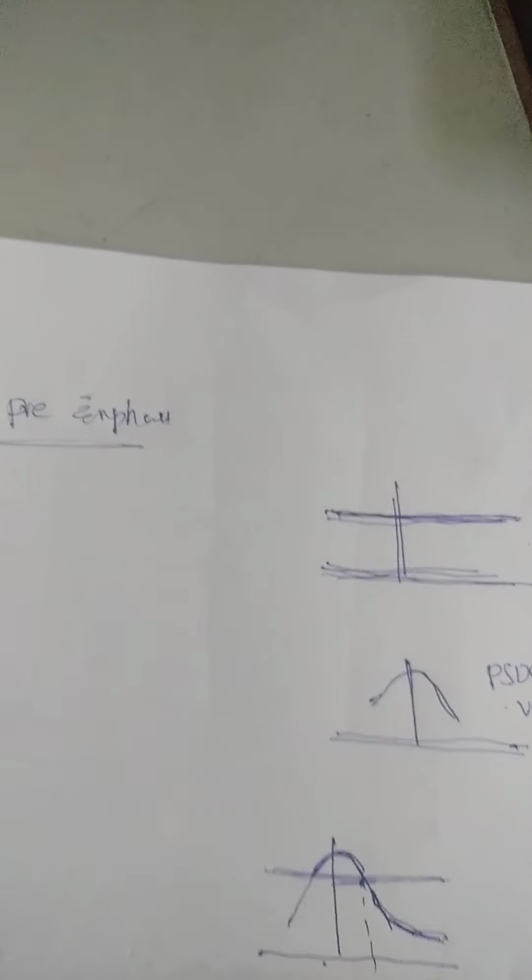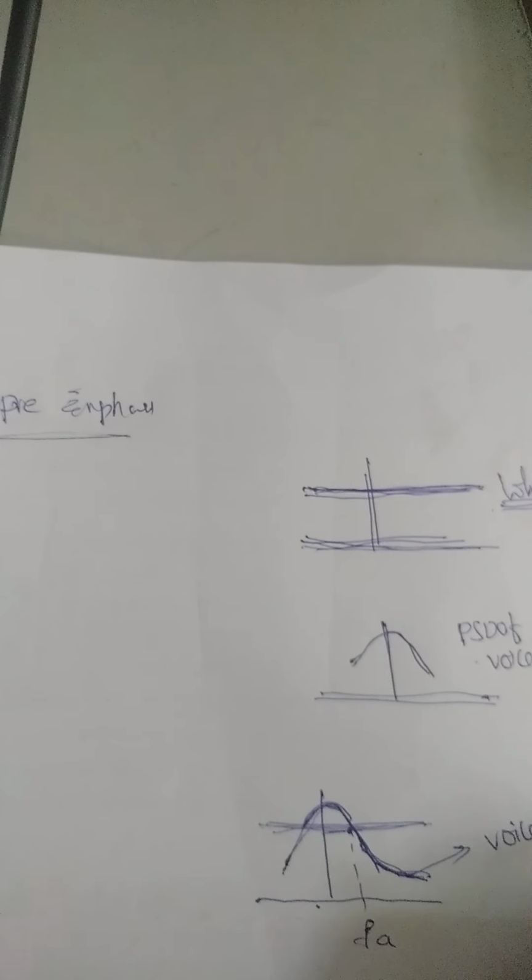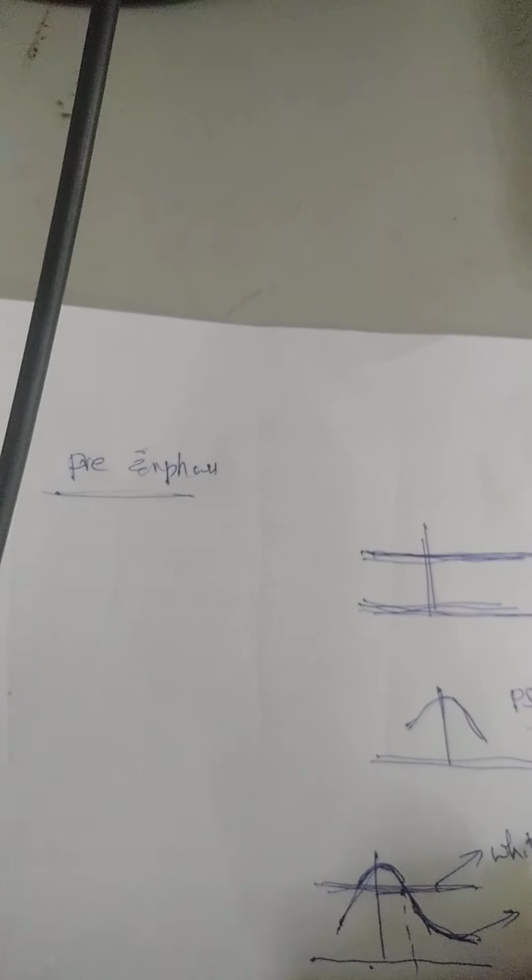And this is the power spectral density of the voice signal. Here we are combining the voice signal with the noise signal. This is the voice signal PSD and this is the white noise PSD.